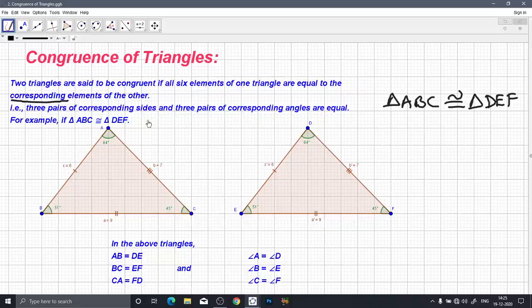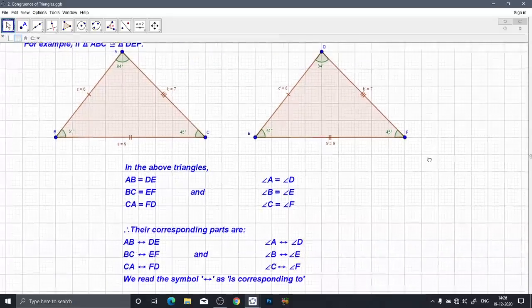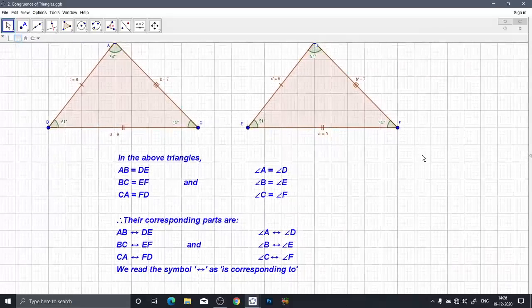Okay, now angle A is equal to angle D, angle B is equal to angle E, and angle C is equal to angle F. Since these sides and these angles are equivalent to each other, we can tell that those are the corresponding sides and corresponding angles.